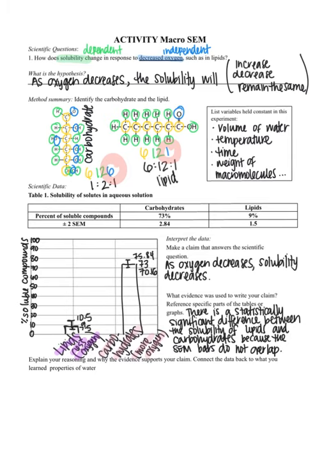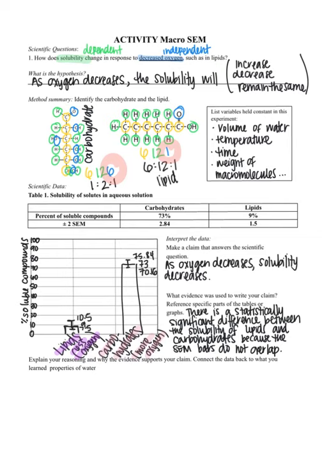Now, explaining the reasoning and why the evidence supports your claim is really where you get the opportunity to connect the data back to what you learned about the properties of water. Remember, whenever they want you to explain your reasoning and tie it back to your previous learning, you want to try and get 3 levels of explanation.